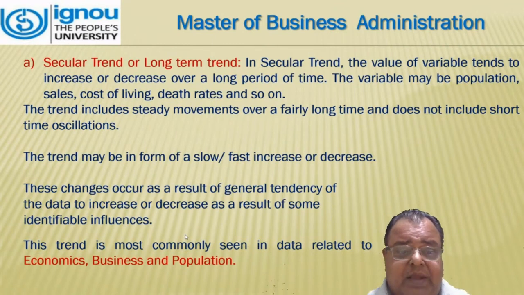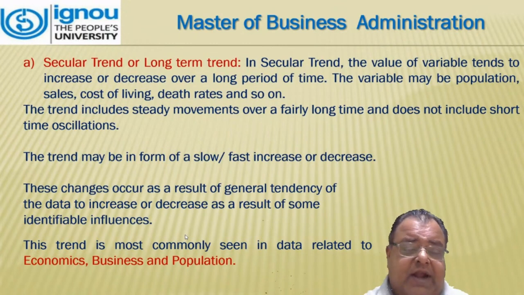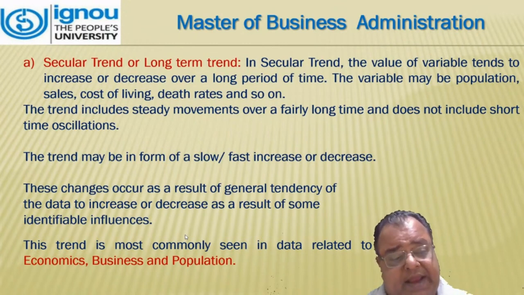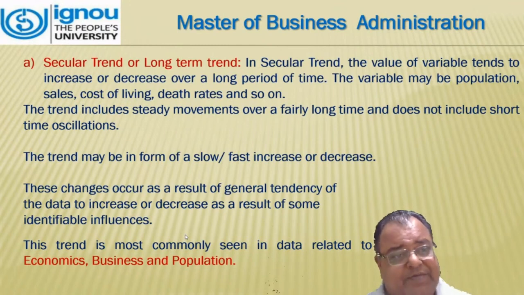The trend may be in the form of a slow, fast increase or decrease. These changes occur as a result of general tendency of data to increase or decrease as a result of some indefinable influences. This trend is most commonly seen in data related to economics, business, and population.